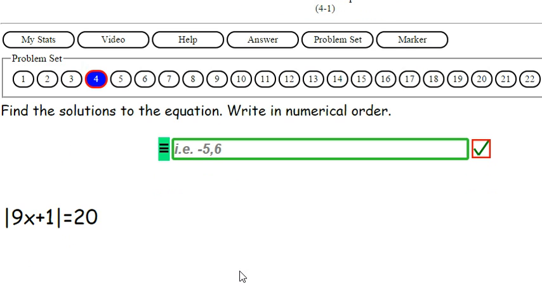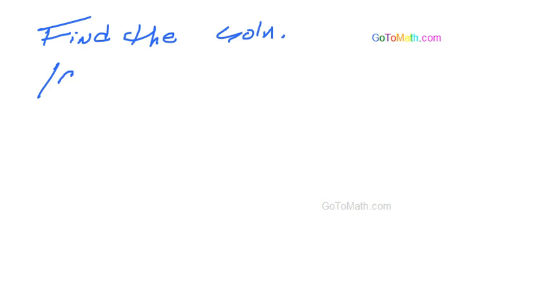Okay, so let's take a second here and write that down. The absolute value of 9x plus 1 is equal to 20. So we're wanting to find the solution to the equation.